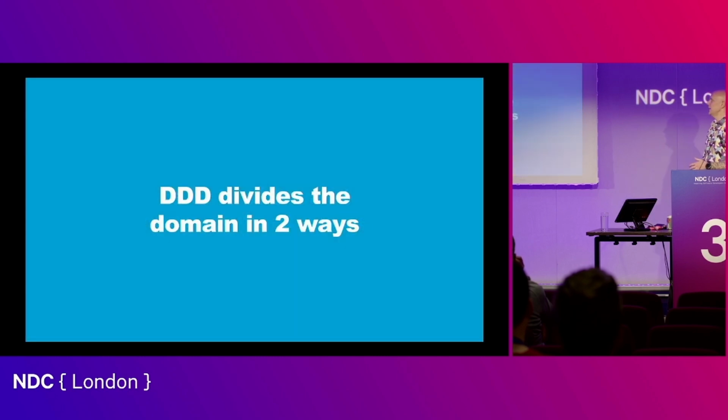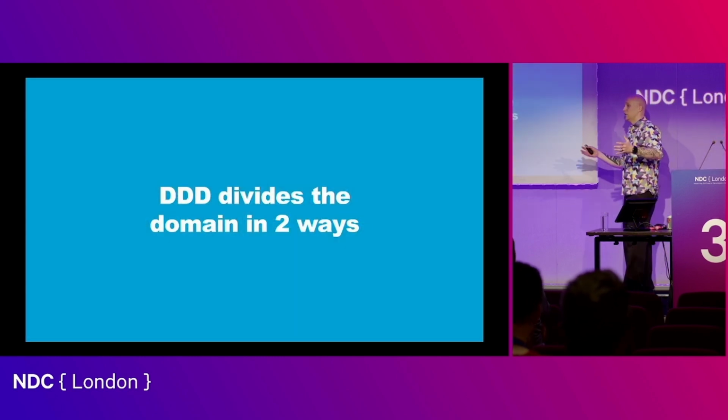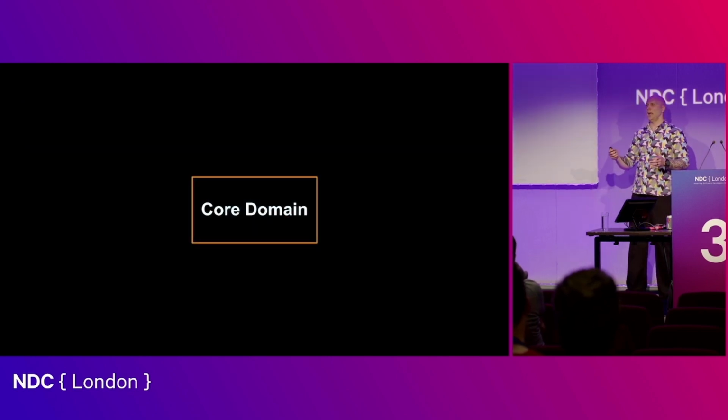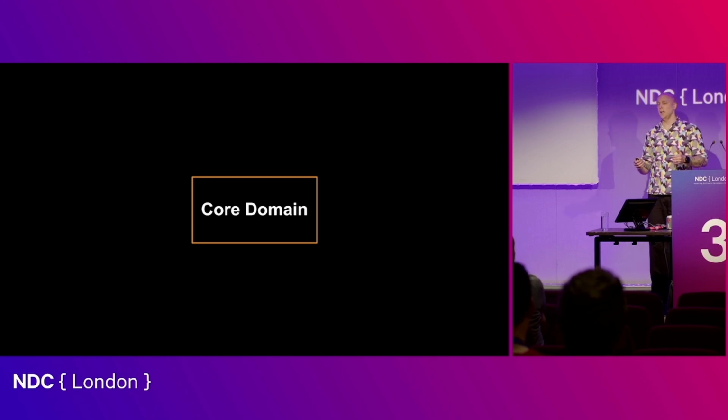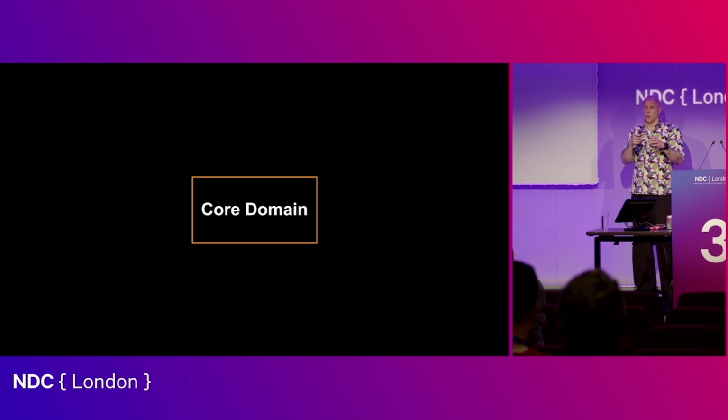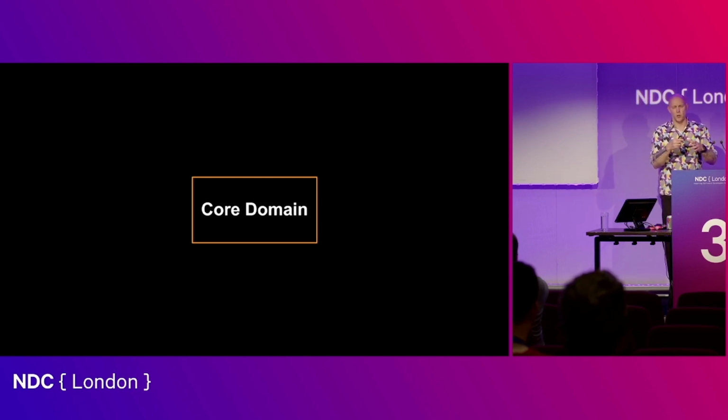And the way that DDD does that is that it divides the domain you're working in in two different ways. First of all, it divides your domain into what is called core domains, subdomains, and generic subdomains. So the core domain is the part of the domain that you are working on that is the most important part for you.